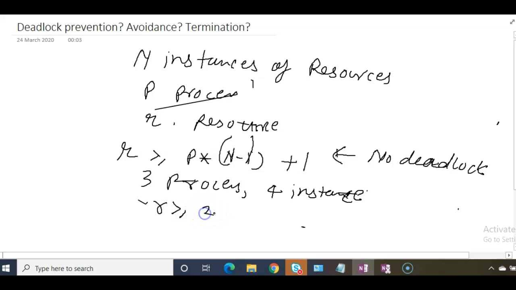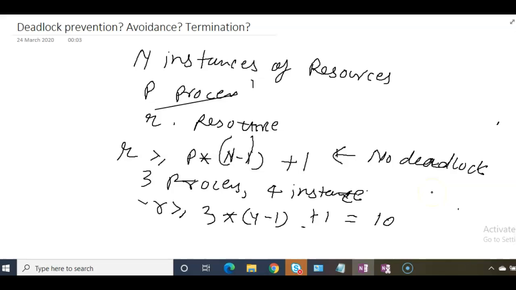It will be 3 into (4 minus 1) plus 1, that will be equal to 10. So if there are 10 resources, then there will be no deadlock. So this is all about deadlock, and for Banker's algorithm we will make another video. Thank you.